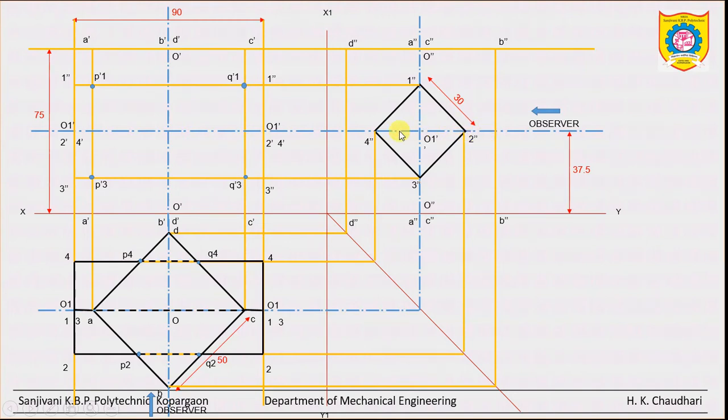There is already a horizontal projection taken from this point number 2, and for this we have located P2 and Q2. So our aim is to locate this P2 Q2 and P4 Q4. Before taking that, we have just taken the outline.